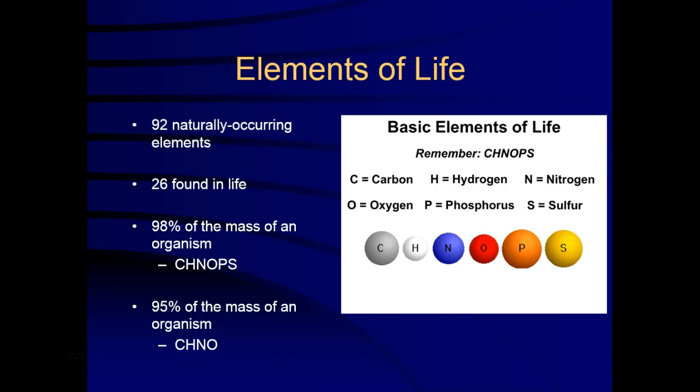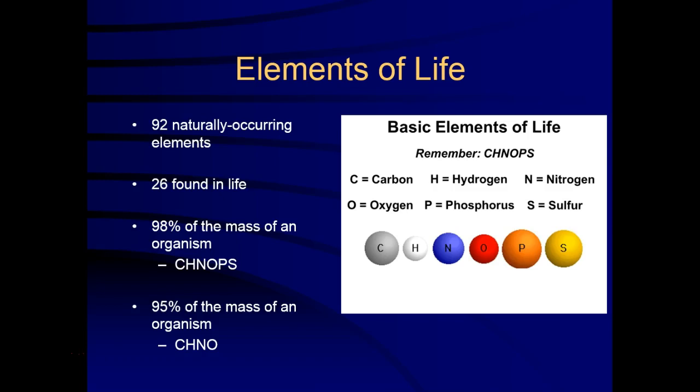We sometimes call them trace elements or trace minerals. These are things like selenium and copper and iron, and manganese and magnesium and zinc. When we talk about trace, those are things that are found in less than 1%.